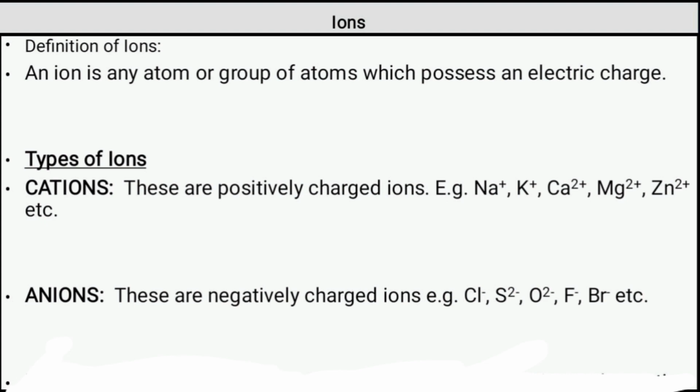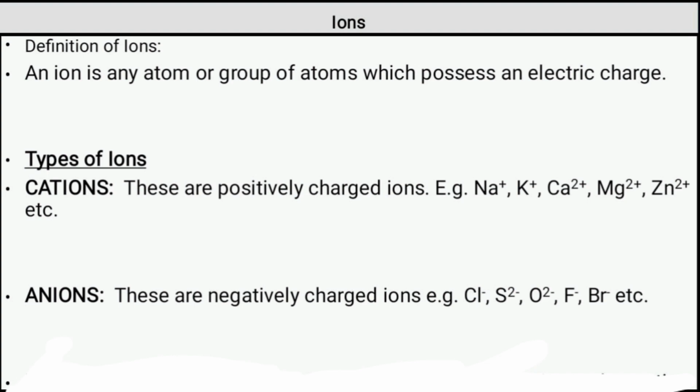All right. Now, the other type of ion is the anion. These are negatively charged ions. That is, they have excess electrons in them. They have attracted electrons to themselves, and as we said earlier on, protons are positive, electrons are negative. So what makes an ion positive or negative is which of these two particles is in excess.